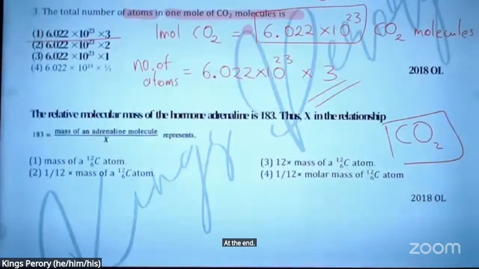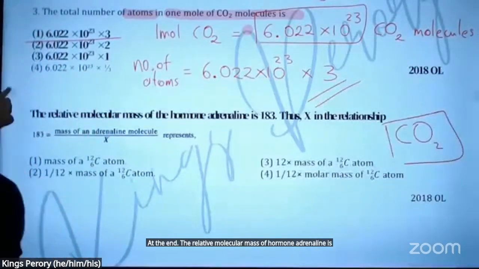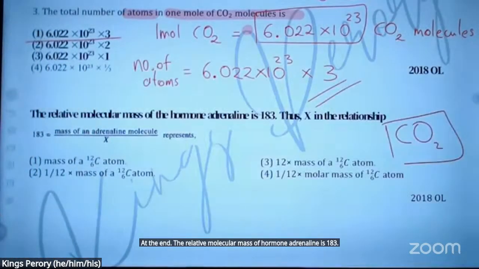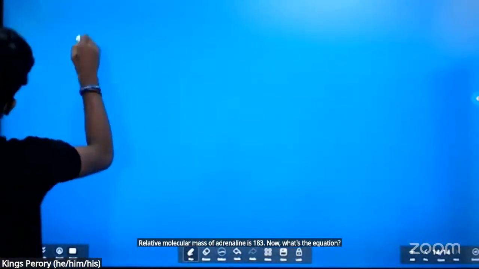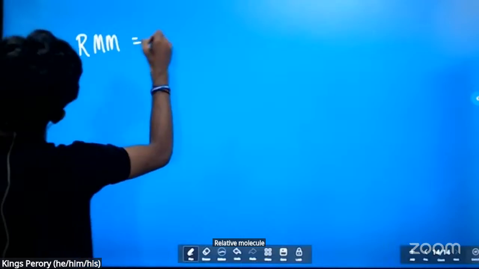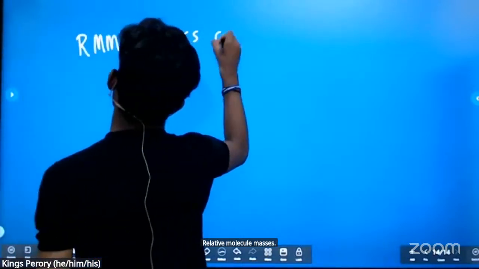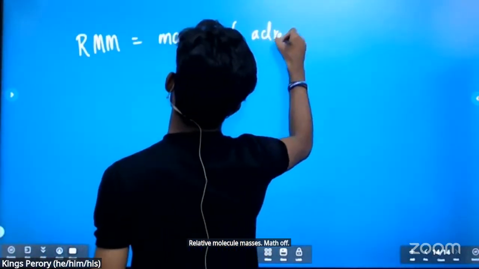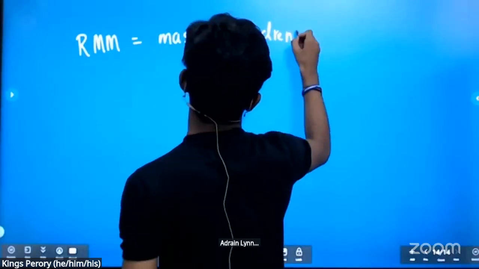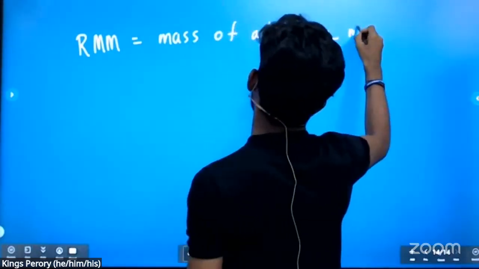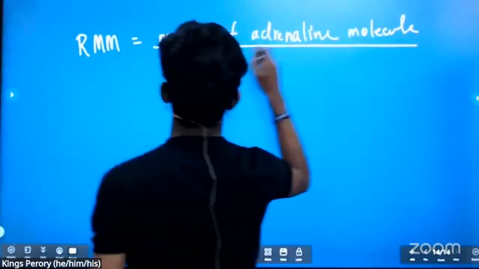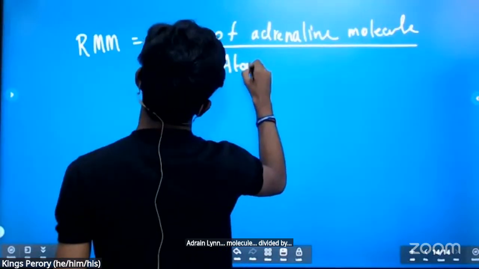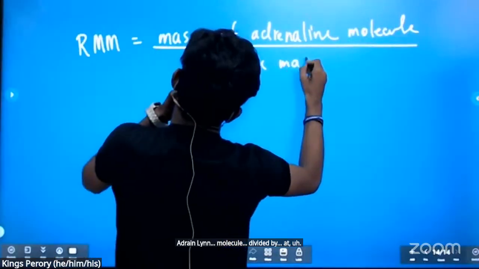The relative molecular mass of hormone adrenaline is 183. Now what's the equation? Relative molecular mass is mass of an adrenaline molecule divided by atomic mass unit.